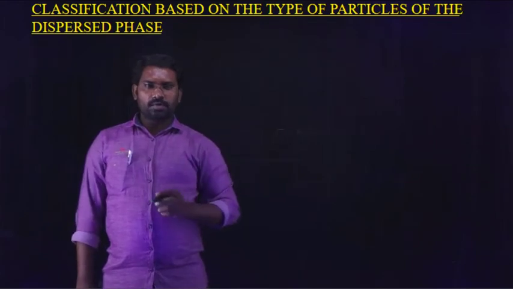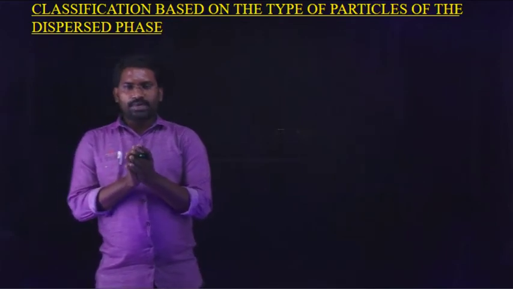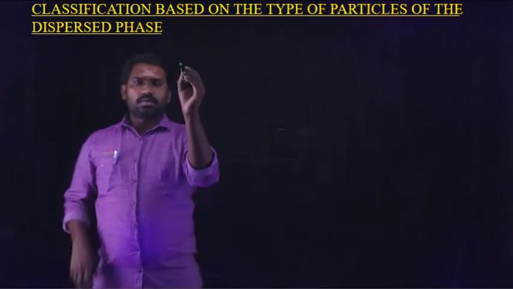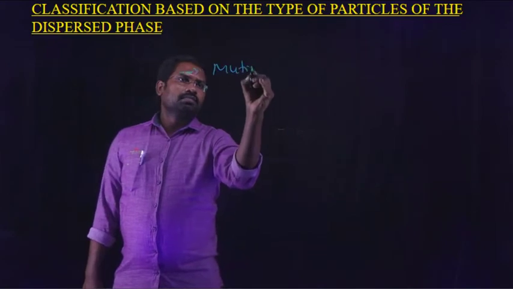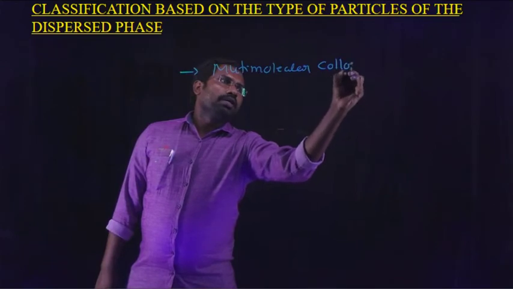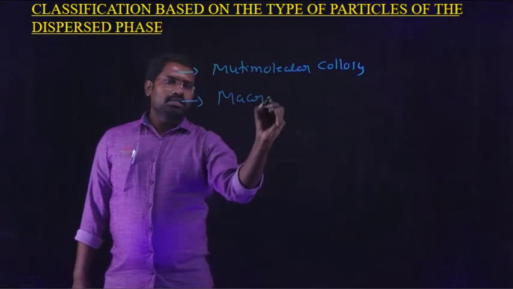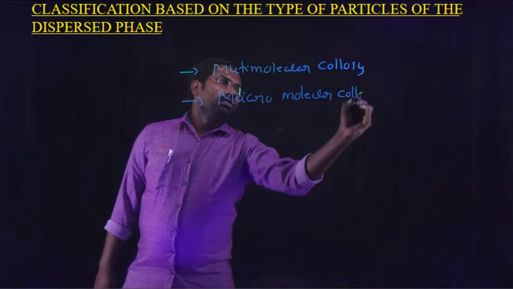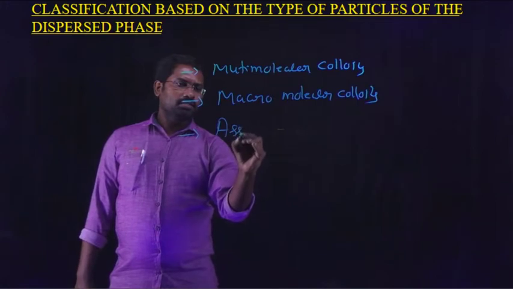Classification based on the type of particles of dispersed phase. This is the third classification of the colloidal solution based on the nature of the particles present in the dispersed phase. These are mainly classified into three types. First one, multimolecular colloids. Second one, macromolecular colloids.